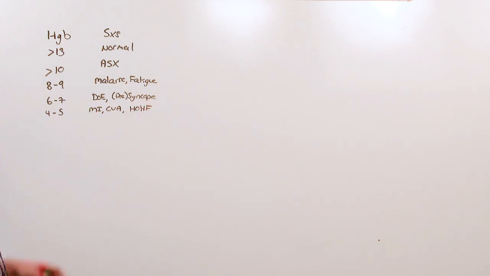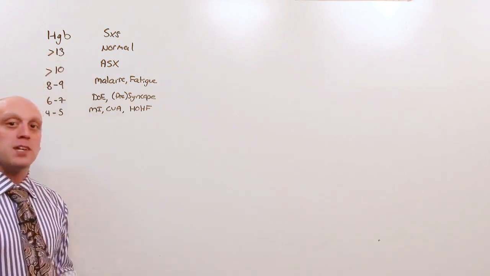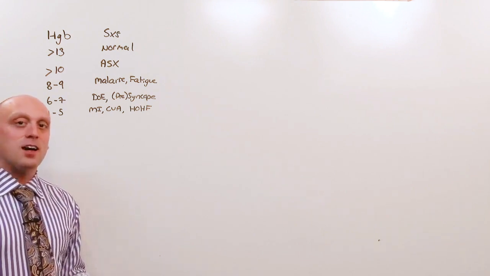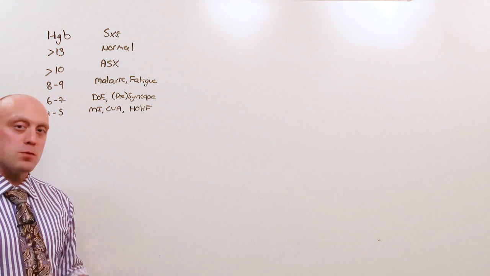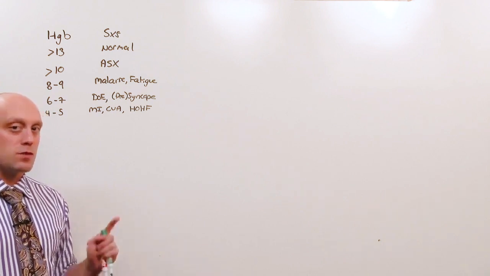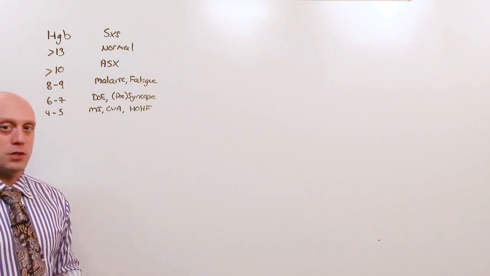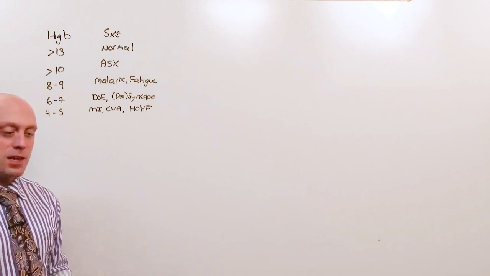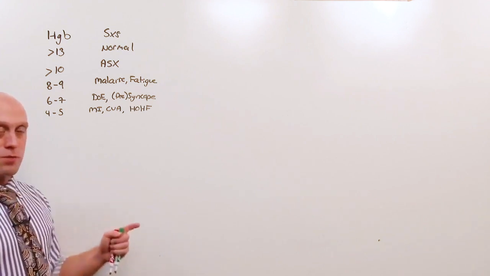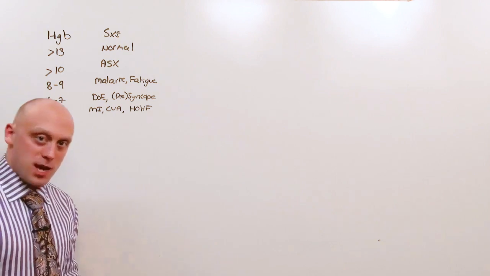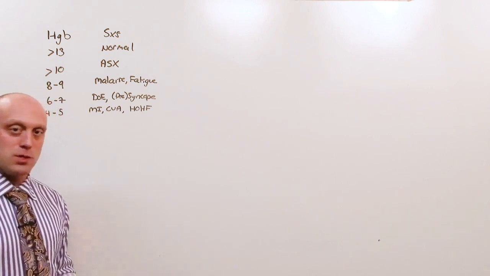Now it is comfortable to associate a number with symptoms, but it's a lie. And it's a lie because the symptomatology is based on the severity, the acuity, and your cardiovascular reserve. That is to say, the lower the number, the worse the symptoms. The faster the change, the worse the symptoms.